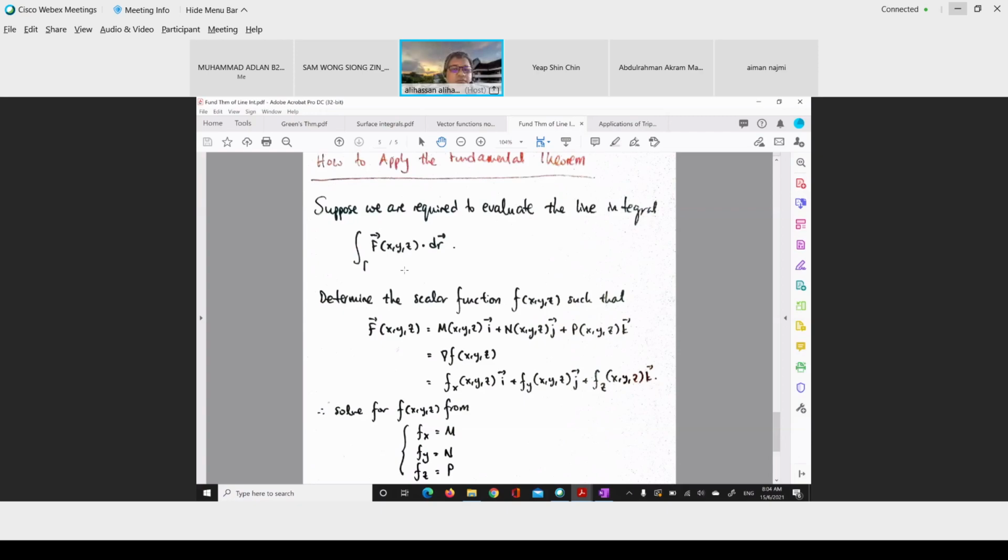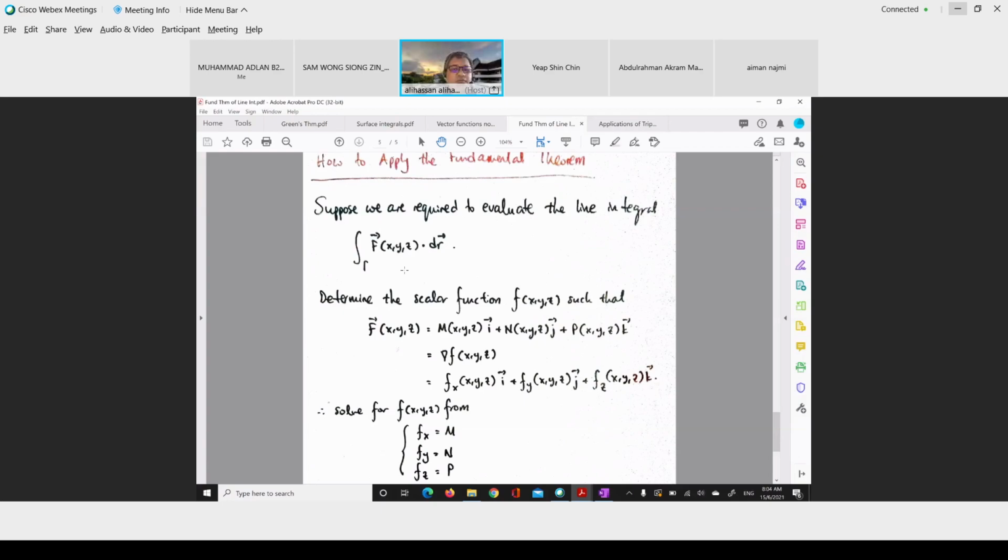no path is given, right? From the initial point to the terminal point, there is no description of the path involved. Okay, so no curve is described here.